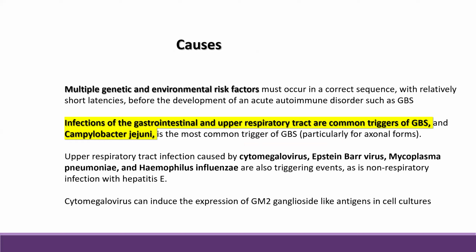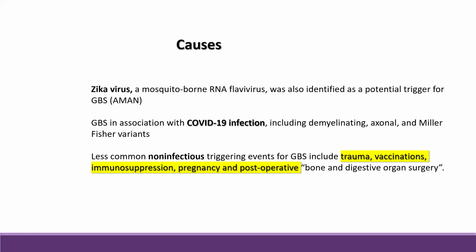The most common bacterial infection is Campylobacter jejuni, and it is also associated with viruses like CMV, Epstein-Barr virus, Mycoplasma, and H. influenzae. Less common causes include trauma, vaccination, immunosuppressive medication, pregnancy, and post-operative surgery.